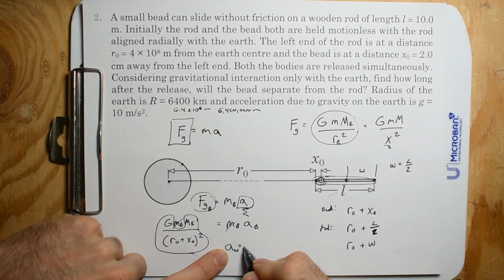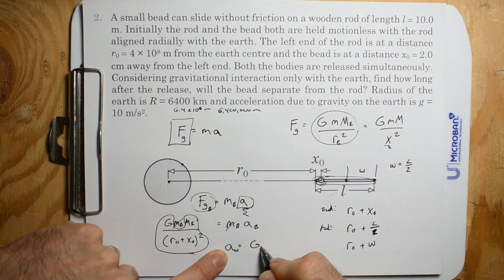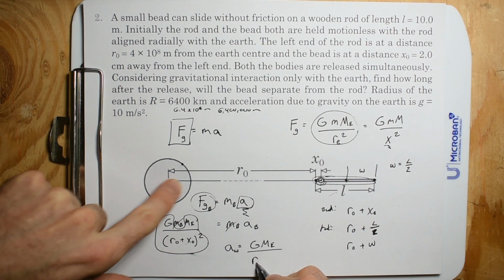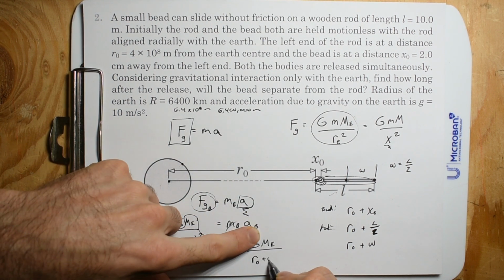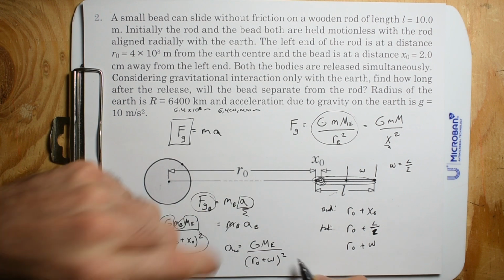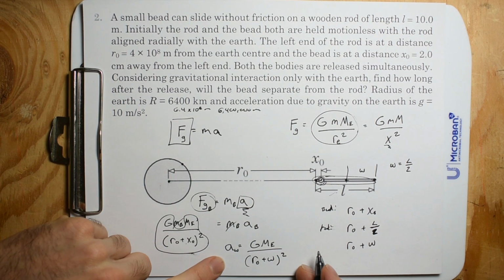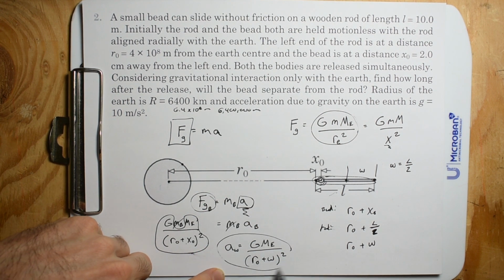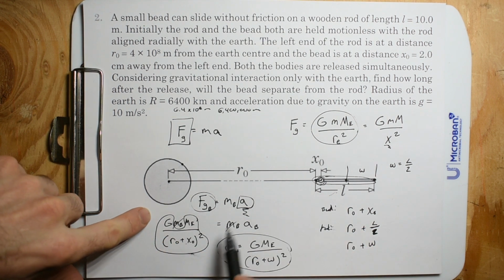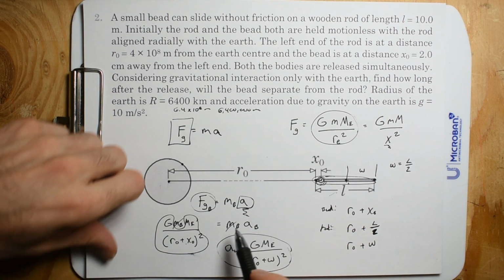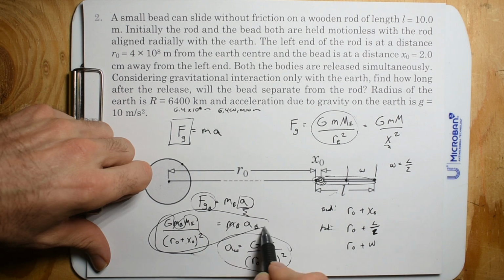Okay, so that acceleration is going to be the gravitational constant, mass of the Earth, divided by r naught plus w squared. Okay, sweet. So this is going to be the acceleration of the rod, and this is going to be the acceleration of the bead right there.